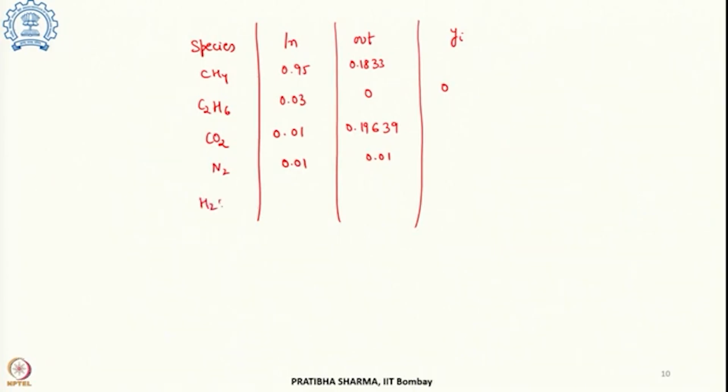For water, 3.06 we have found, and then substituting the values of x and y from the earlier table we get 2.04696. For CO, initially it was 0, and hydrogen it was initially 0.